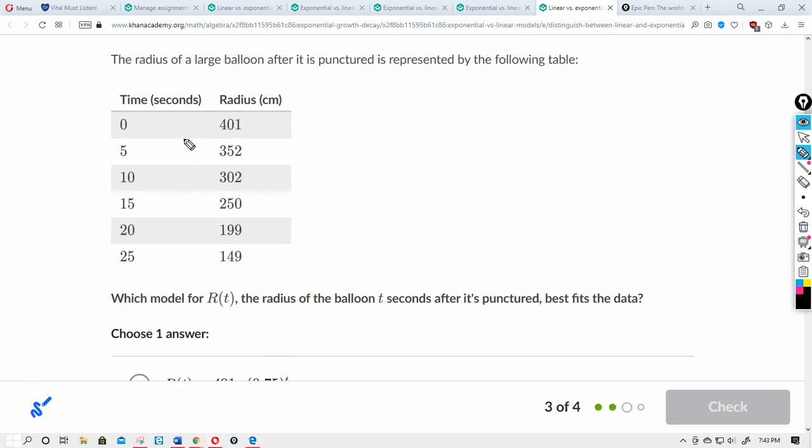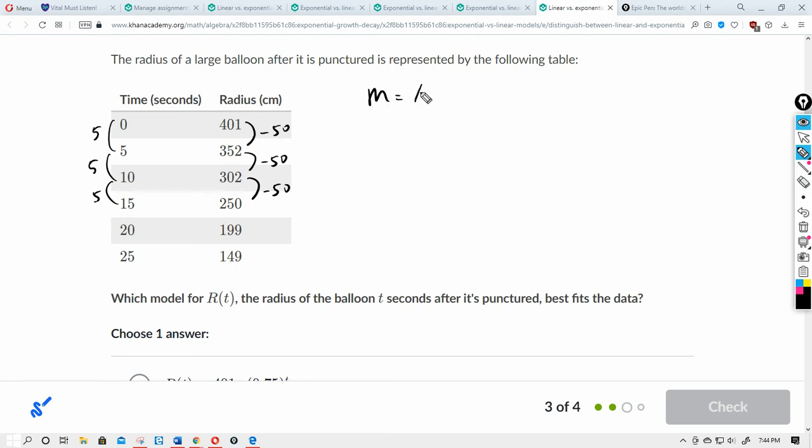All right, one more of these. All right, let's see. So obviously this goes up by 5 each time. And let's see. This goes down by 50 each time. Okay, so it's linear. It's going to be y equals mx plus b.